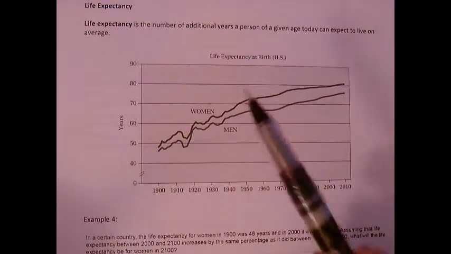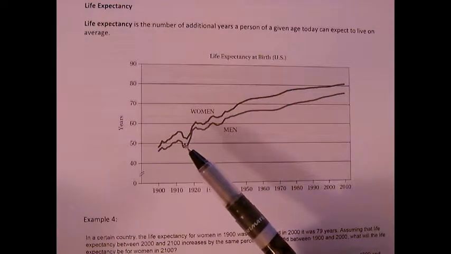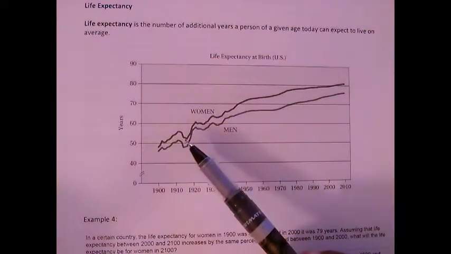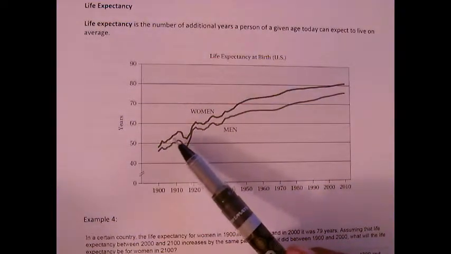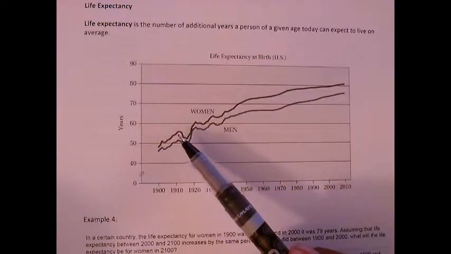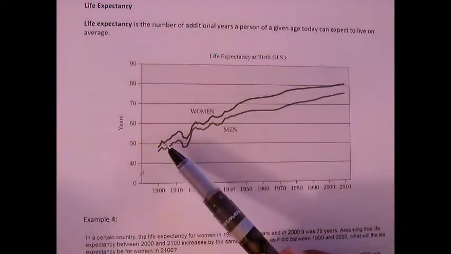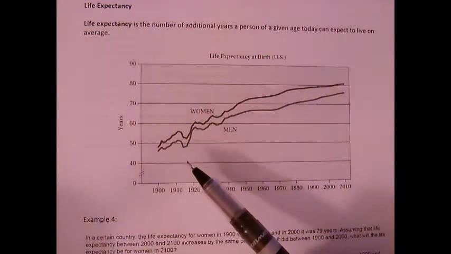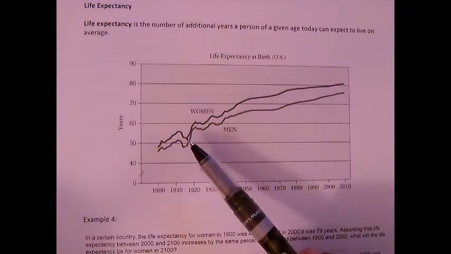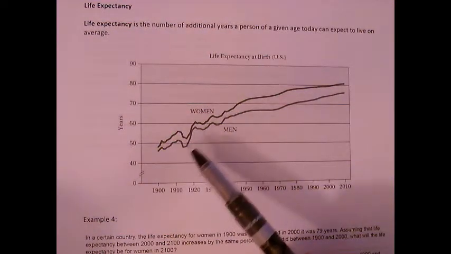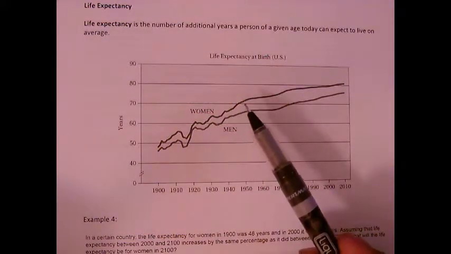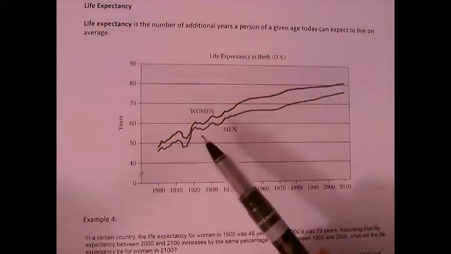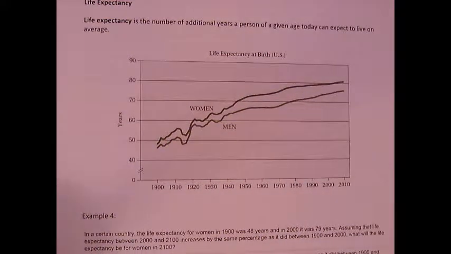And as you can see here, and I know this is in black and white, in the early 1900s, 1910 up to 1920, men lived longer than women. But ever since 1920, women have a longer life expectancy than men.